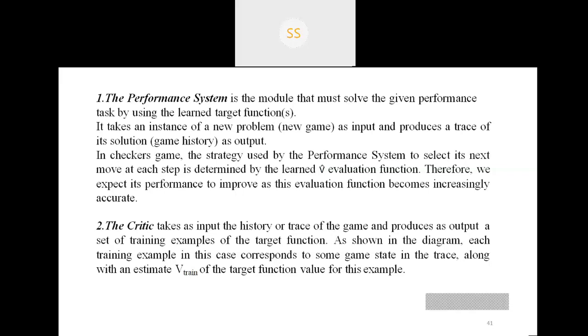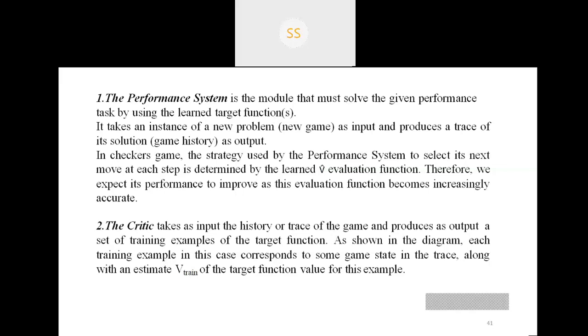In the checkers game, the strategy used by the performance system to select its next move at each step is determined by the learned evaluation function. Therefore, we expect its performance to improve as this evaluation function becomes increasingly accurate.